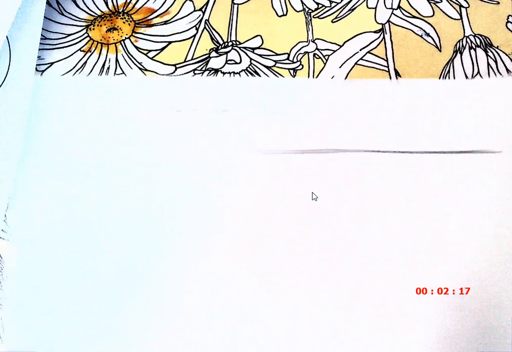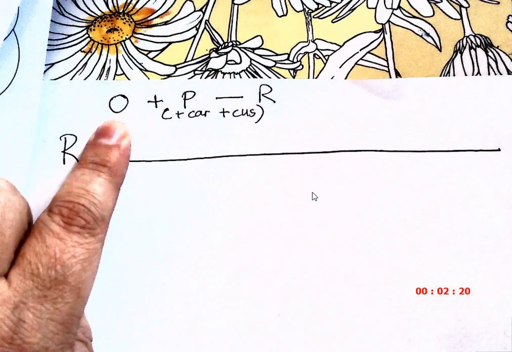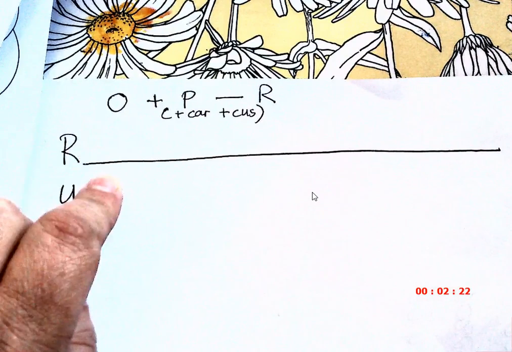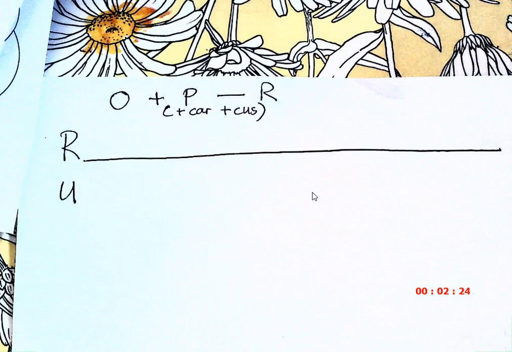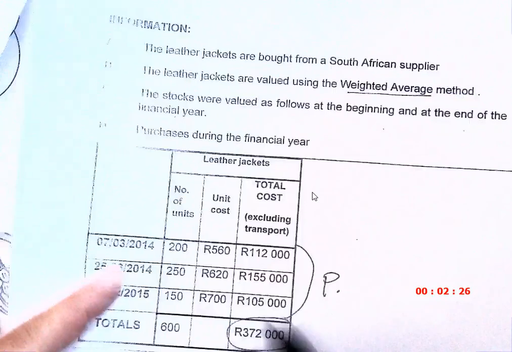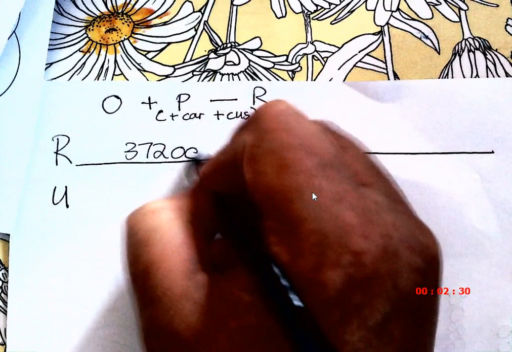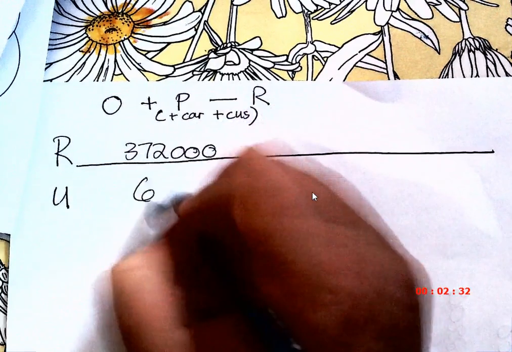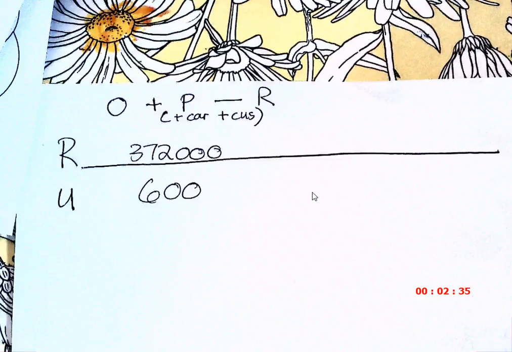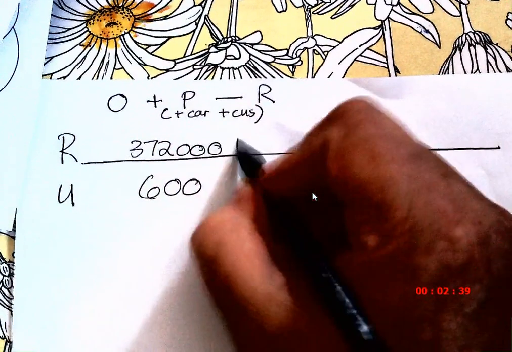Okay, so now let's go. I want the opening. They didn't give me any opening, right? I want the purchases. So I take that total purchases, the 372, and at the bottom I put the unit. Right. But I want to load the purchase price.